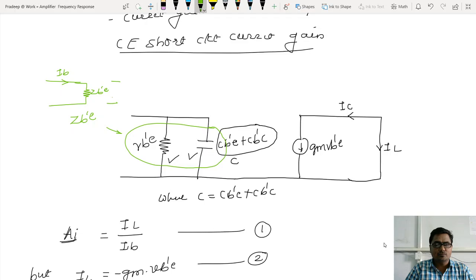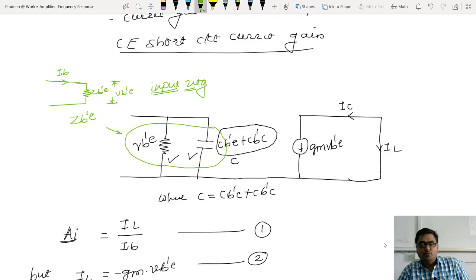This is the actual voltage, the voltage that I am referring to as VB'E. That is input voltage. So input voltage VB'E is equal to what? The current flowing through the input resistor. What is the input resistor? It is ZB'E.